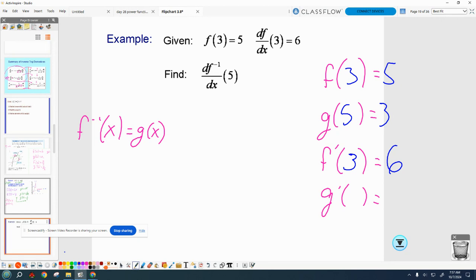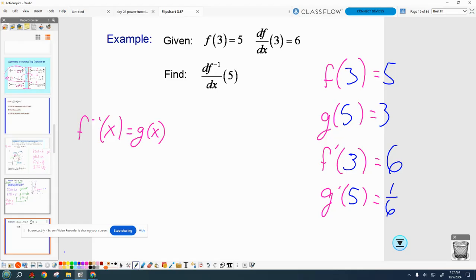So Kari, I know the derivative on the inverse is what? G prime at this guy's x value is the reciprocal. Lynn, does that make any sense? Yeah.